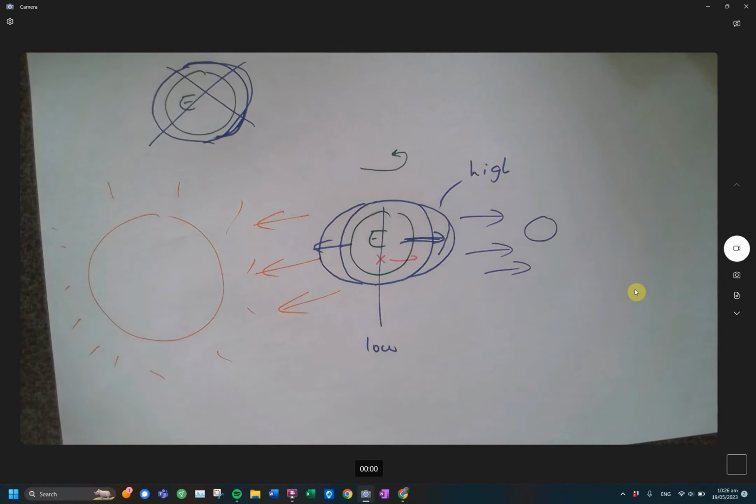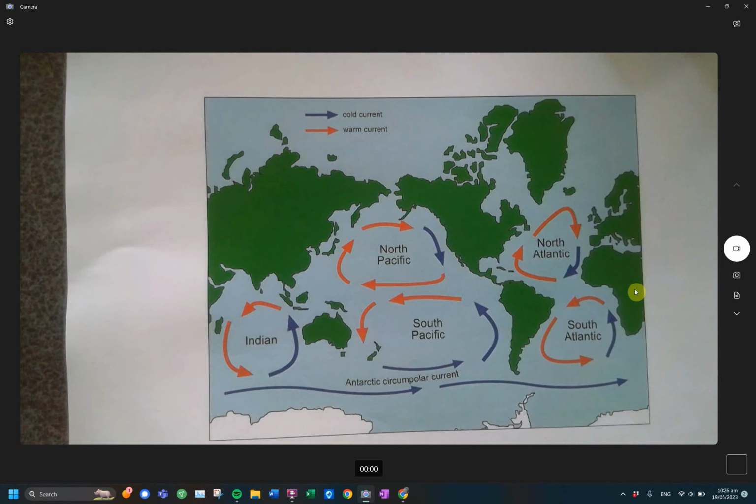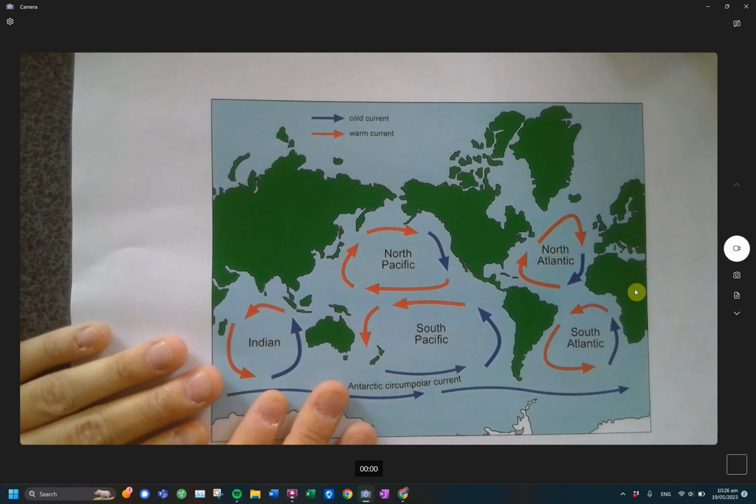Okay. And then the last thing to think about when it comes to the movement of the water is going to be the temperature. You know how hot air balloons rise in the air because it's hot air? So hot air rises because it's less dense, because the particles are further away. So same thing with water.